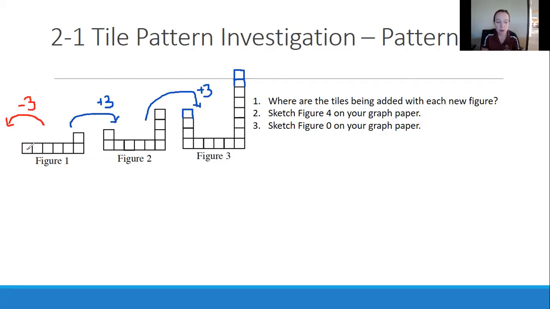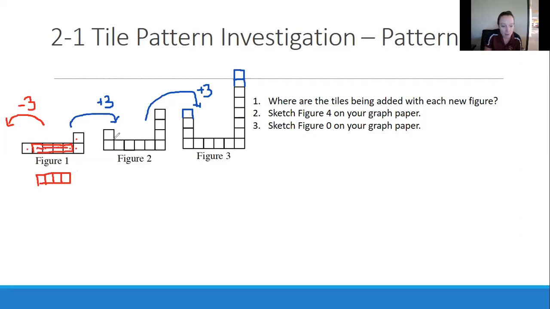So figure 1 has 1, 2, 3, 4, 5, 6, 7. Okay, figure 1 has 7 tiles. I subtract 3 and I have 4. And so figure 0 looks like 1, 2, 3, 4. Now I'm going to highlight those original 4 in our tiles so you can see what this looks like. So there are the original 4.